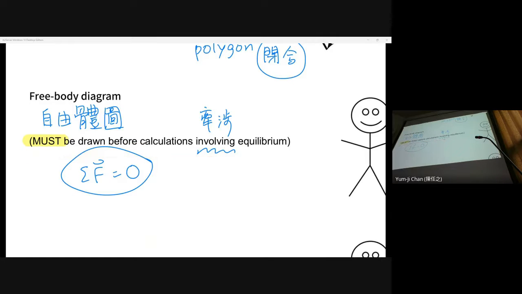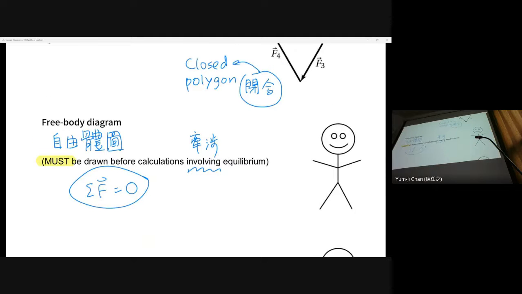Let's talk about examples. If the question is asking about this one, the free body diagram usually takes about 25% to 30% of the mark.